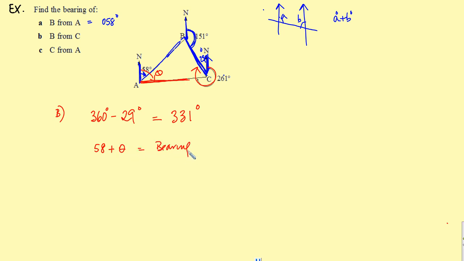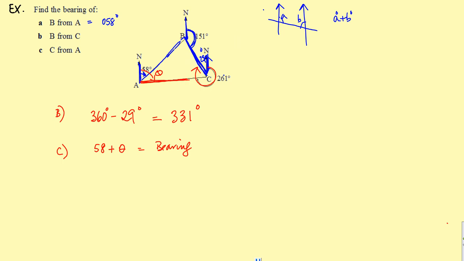Okay, so the way I'm going to do this is, well, I could do it in a couple of different ways, I suppose, but what I'll do is I'll try to find the measure of this angle internally. Let's see what we can do.